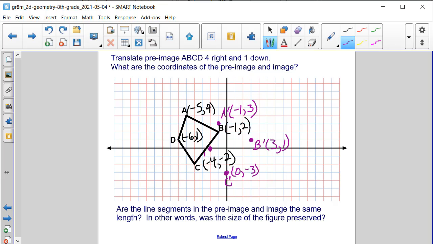So D prime is here, and its coordinates are -2, 0. And then if we connect these, we do get quadrilateral A prime, B prime, C prime, D prime.